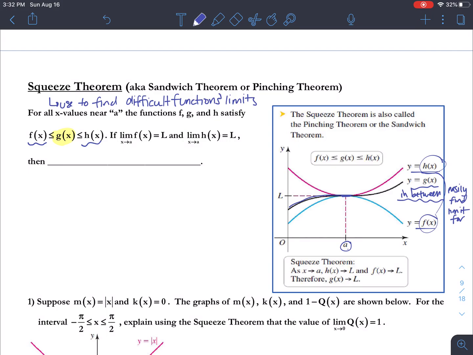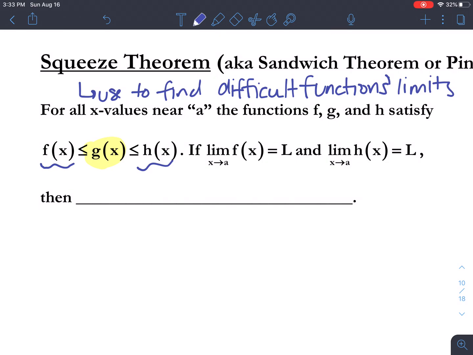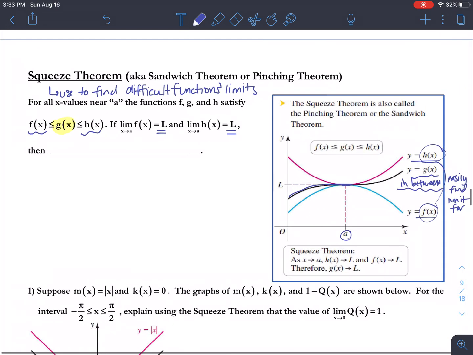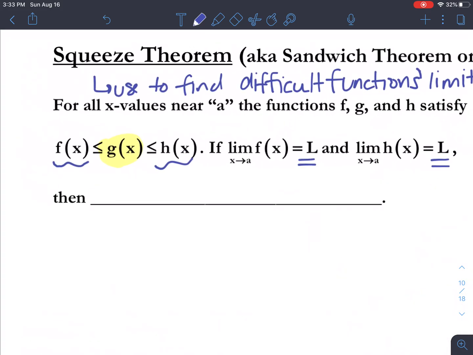And I know that as x approaches a, f of x has a limit of L, and as x approaches a, h of x also approaches L. Notice here, I'm approaching this value of L, and this value of L. Then I can also say by the squeeze theorem that the limit as x approaches a of g of x would be L.